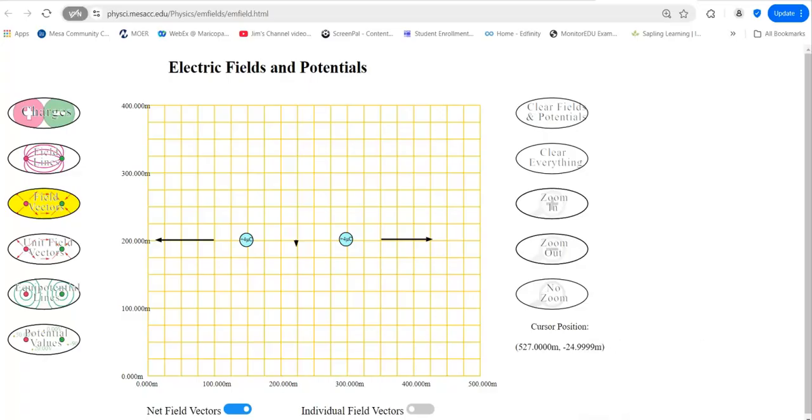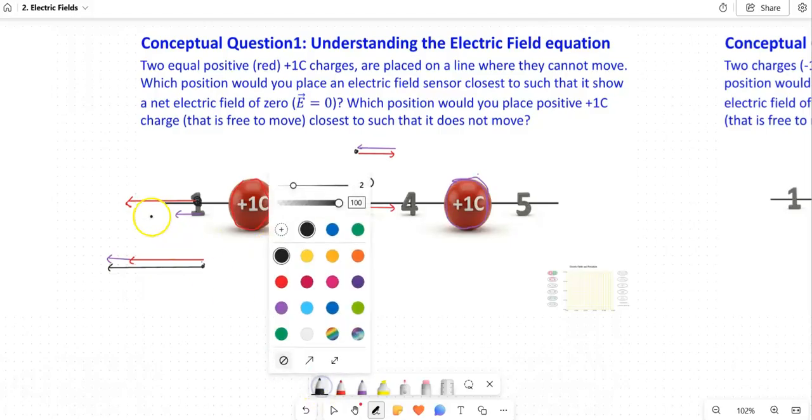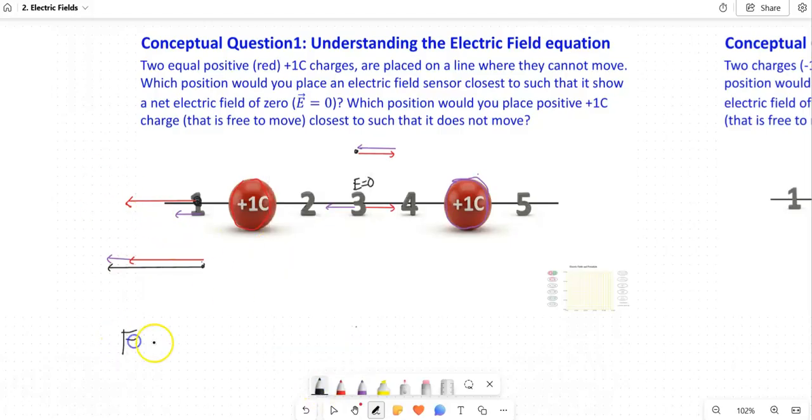Incidentally, going back to this, since we had learned that force is equal to Q1 k Q2 over R squared, and now we know that Q1 is being multiplied by the electric field of Q2.